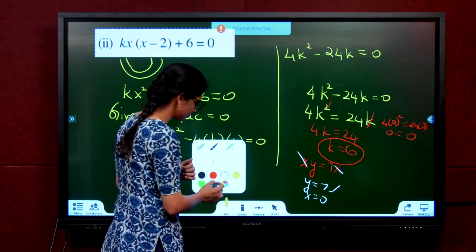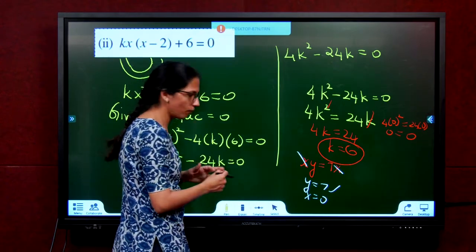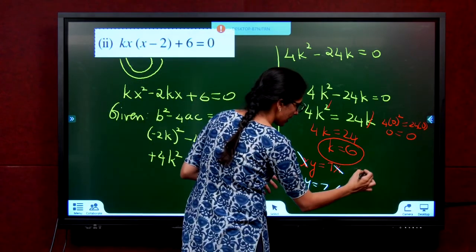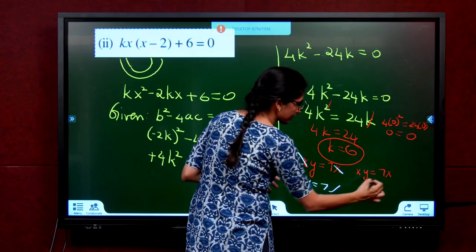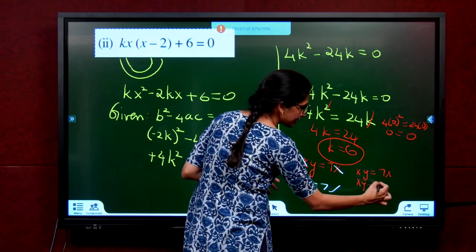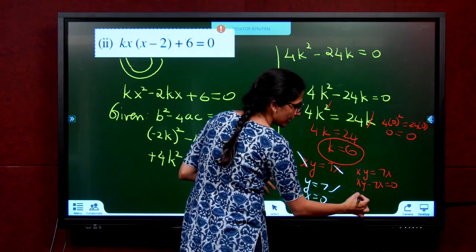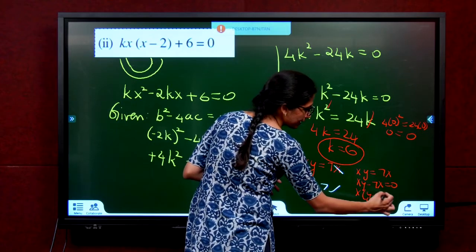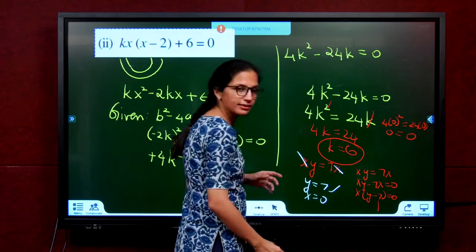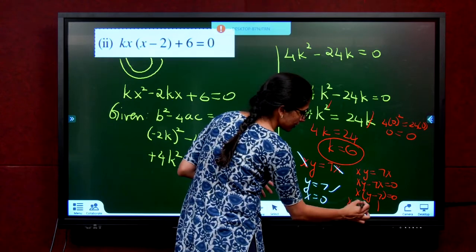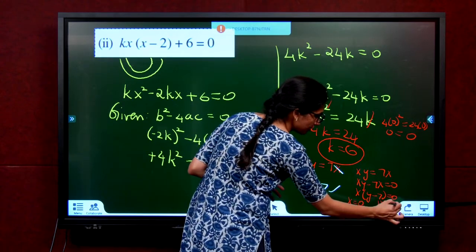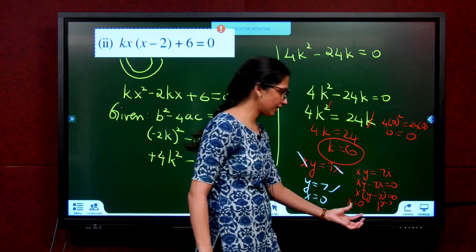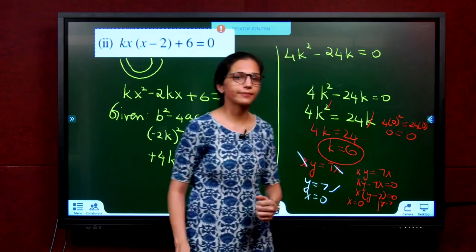How is x equal to 0? See here, xy is equal to 7x. xy minus 7x is 0. X you take common, y minus 7 is 0. You get two answers: x equals 0 is one answer, y equals 7 is another answer.